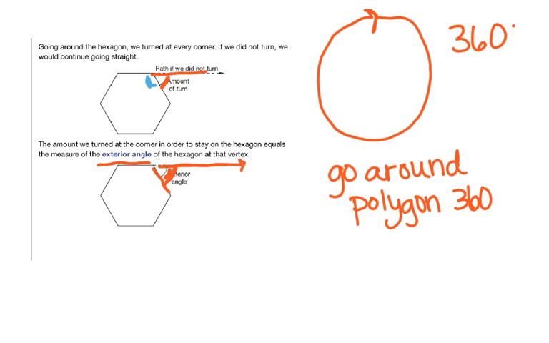So for us to find the measure of our exterior angles, we would have to just take 360 degrees and then divide that by the number of exterior angles we have.